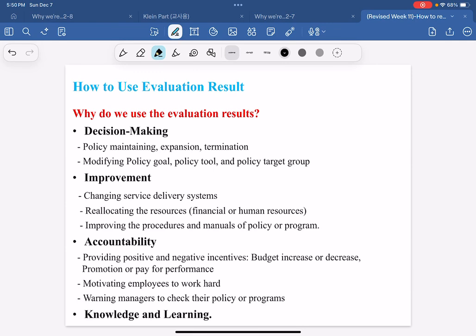And right, there are some theories about the effective evaluation result use, right?